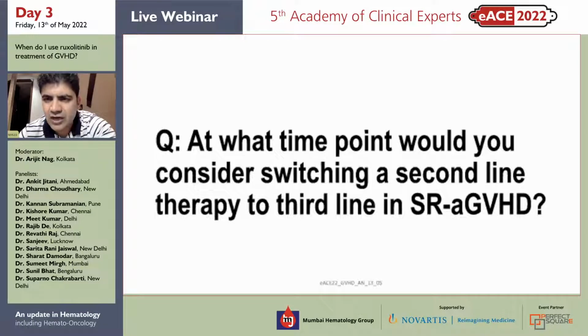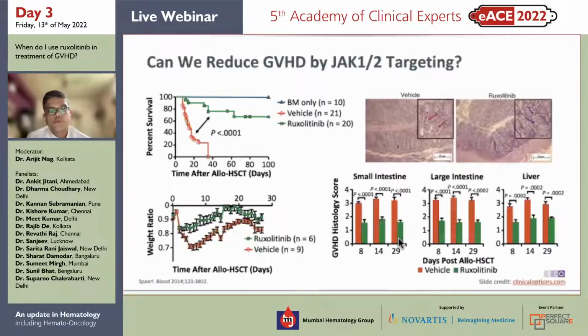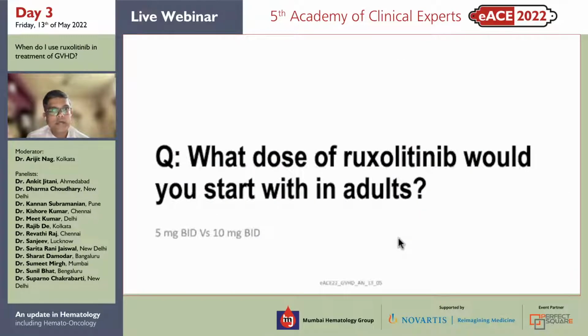There is not much response seen within a week's time, so we need to support this patient during that time with supportive care measures. I would only think of adding a third line agent after 2 to 3 weeks of adequate dose of Rux. If after 2 to 3 weeks we don't see a response, then we can think of changing to a third line agent. Okay. Yeah, so persistence would be the key, at least 2 weeks.